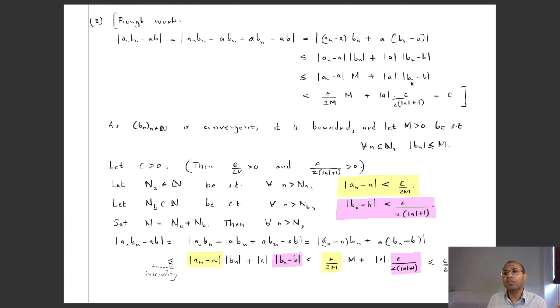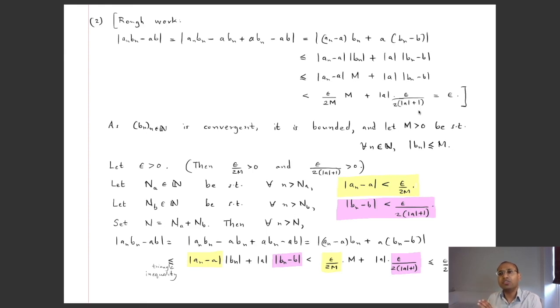And over here we can do a similar thing. So here, ideally, to get this contribution less than epsilon by 2, the contribution of this should be less than epsilon by 2 mod A, because then the mod A's will cancel. Except, you know, this sequence an could have limit 0, and if I had only mod A in the denominator, I would be dividing by 0, which is of course not allowed. And so in order to prevent this from being 0, to this non-negative thing I add 1.